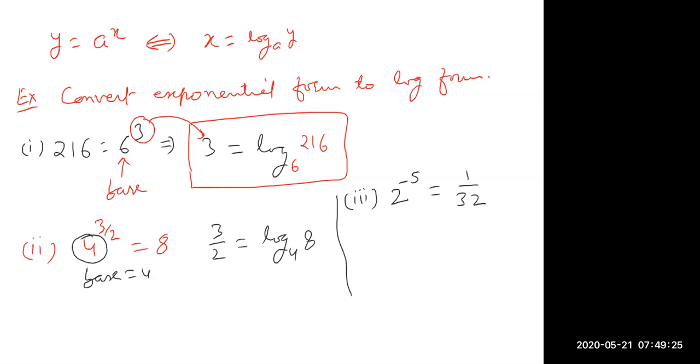So the index will come in the front. This power, that's what I'm saying every time, this power will come in the front. This is the base here. 2 is the base. So minus 5 is equal to log 2 of 1 upon 32. You can write in this way.